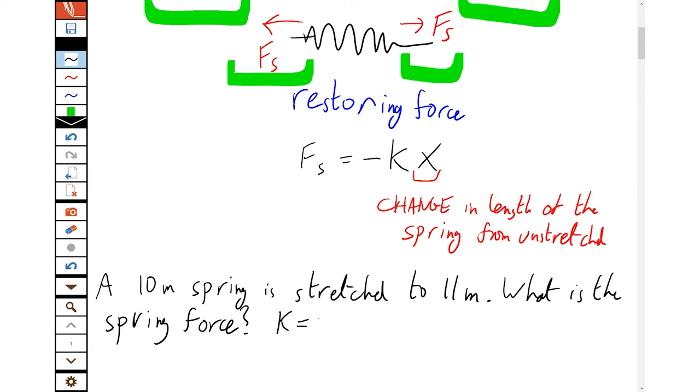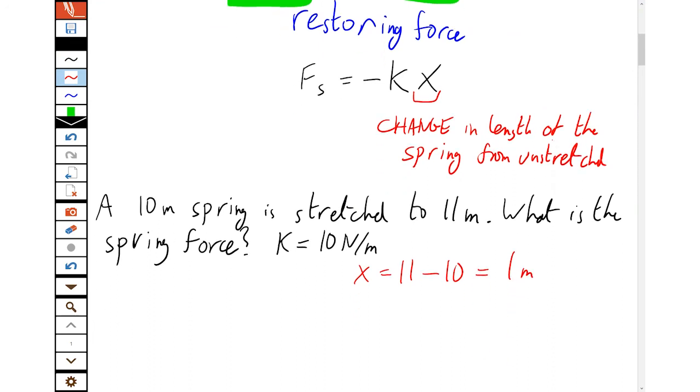And K is 10 newtons per meter. Now, if you're just saying Fs equals minus Kx, x, that's a distance. So you're looking for a distance, 10 or 11. And of course, both of those are wrong. Here you want the change in length of the spring. So the change in length is the new length minus the old length, which is 1 meter.